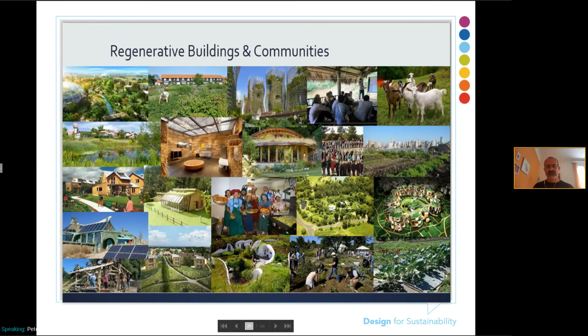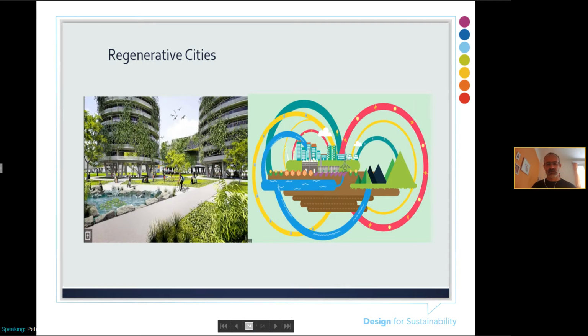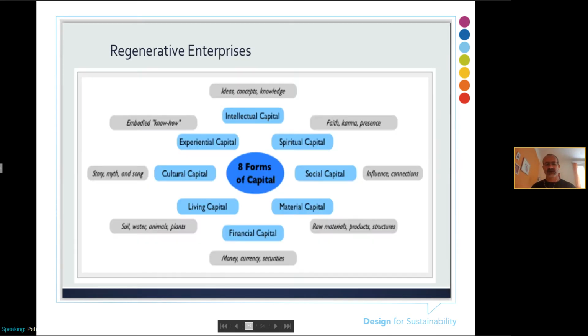Regenerative buildings, of course, are a mainstay of what I will be concentrating on, but also regenerative communities, and that's where Gaia Education comes from, and eco-village design education is an important part. It can be expanded into regenerative cities, in particular thinking about cities as organisms able to regenerate, to become circular systems, so that they regenerate energies and materials and everything else as well.